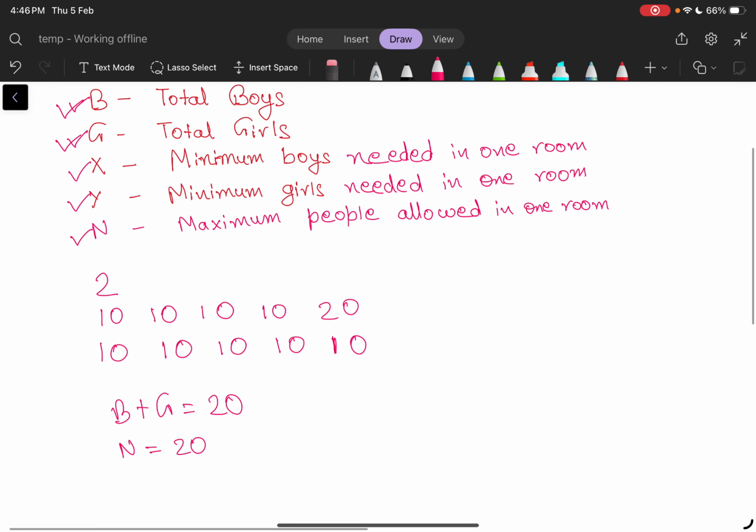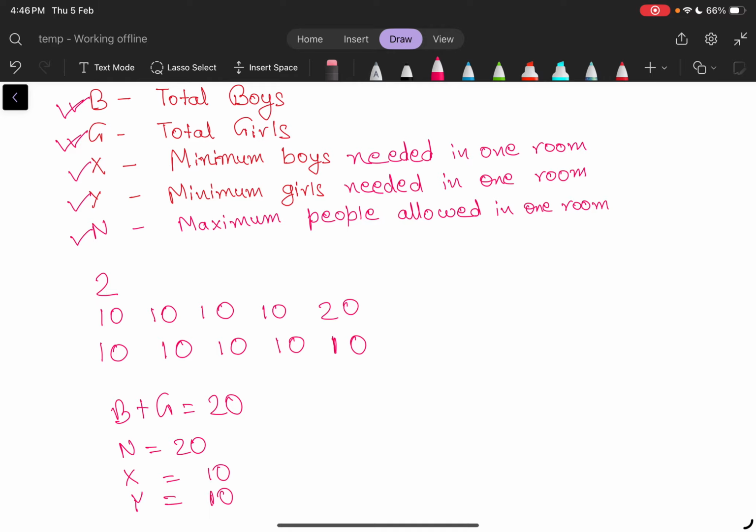X value is 10, the minimum boys needed in one room, and Y value is also 10, the minimum girls required in one room. So what will be the minimum number of rooms we will be getting?